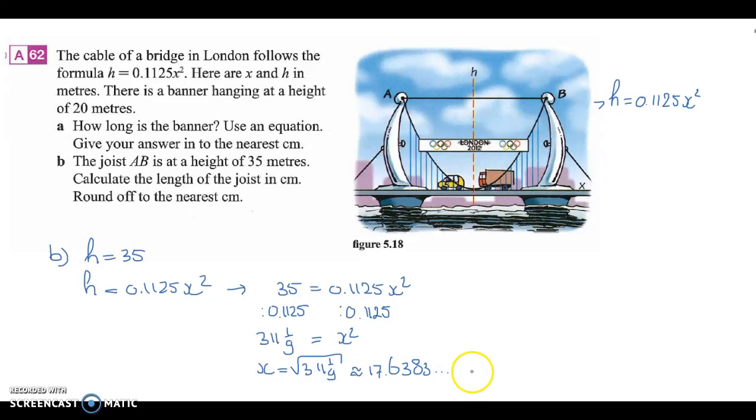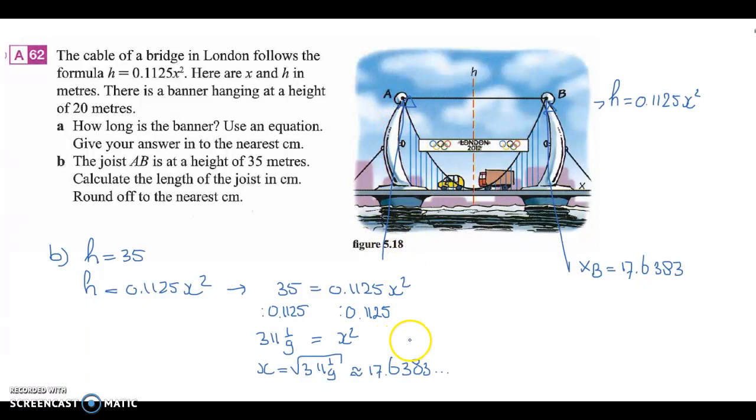I'll leave it for this moment, because over here they're telling something also about how to round it off, but we'll do that in the next moment. So now we have found the x-coordinate of point B. So xB is approximately 17.6383 and a lot more decimals. But we also have point A over here.